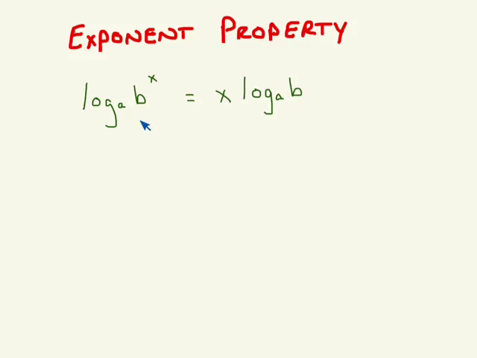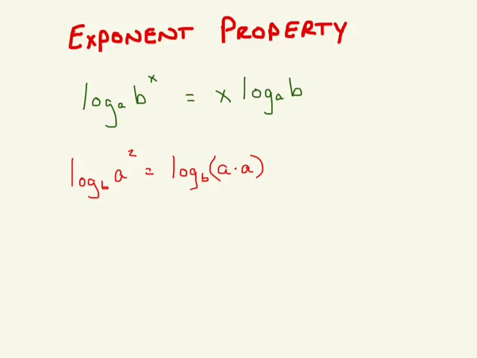This, of course, as with our other properties, works in both directions. Quick little kind of show you why this works, if you will. If we look at log base b of a squared, for instance, we know from our other properties that that's the same as log base b of a times a.